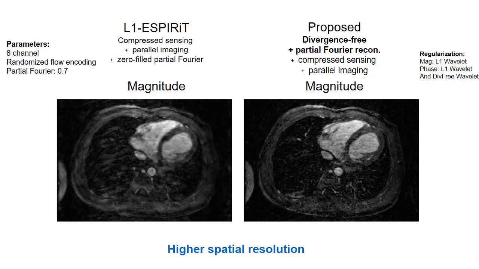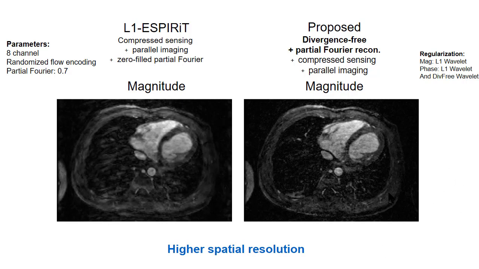But then using the proposed method, we can apply more advanced regularization, and in this case, we apply a divergence-free regularization term, which accounts for the partial Fourier factor, and this is the result. And so on the left, you can see L1-ESPIRiT, which has a slight blurring in the magnitude image.